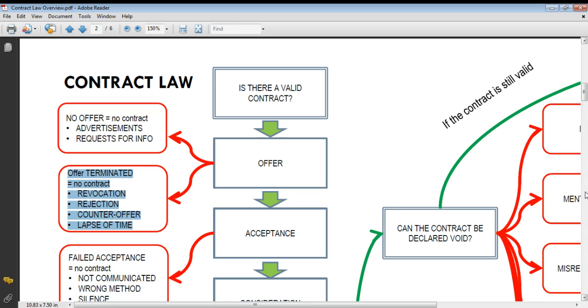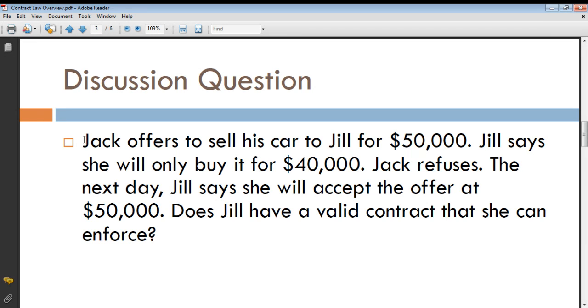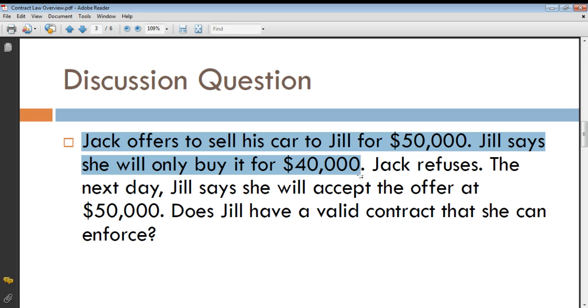What about the other 3 marks? Let's go back to application. In this case, Jack has made an offer and Jill has made a counter offer. Jill's counter offer terminates Jack's original offer.